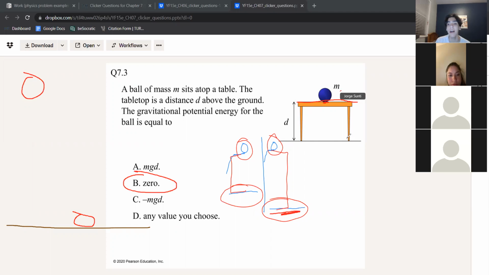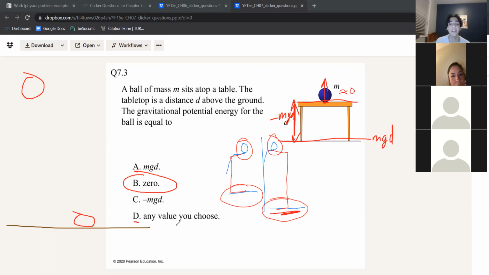But if my line of reference was the floor, it's whatever the mass of this is times gravity times this distance. Exactly. But you can also look at it the other way: since it's going down and the ball is being neutral forced up, if we drew a free body diagram, you could say that this is also negative mgd.